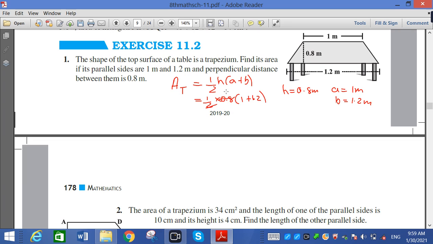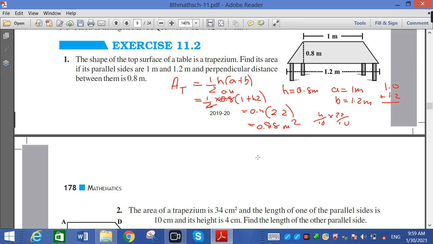If we cancel it, we get 0.4. So 0.4 into 1 plus 1.2. 1 plus 1.2 is 2.2. So 2.2, 22 into 4, 88. So 4 by 10 and 22 by 10, we get 0.88 meter square.